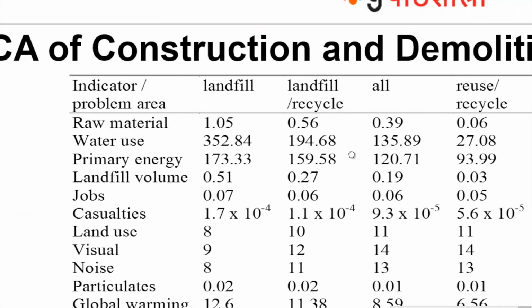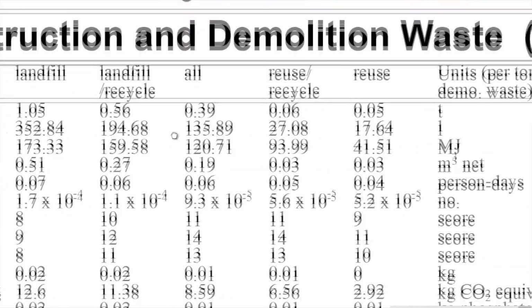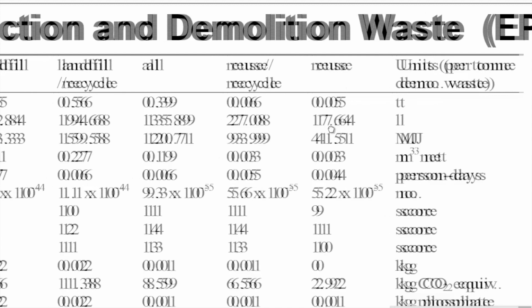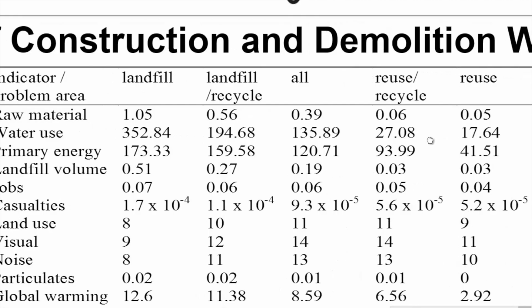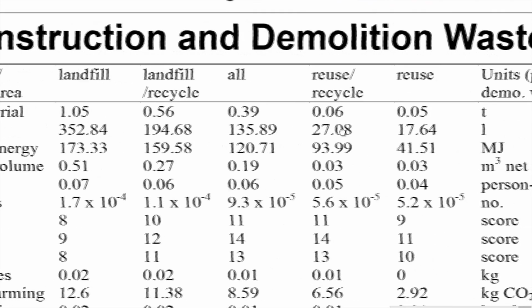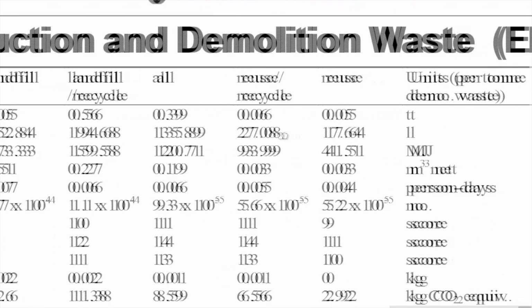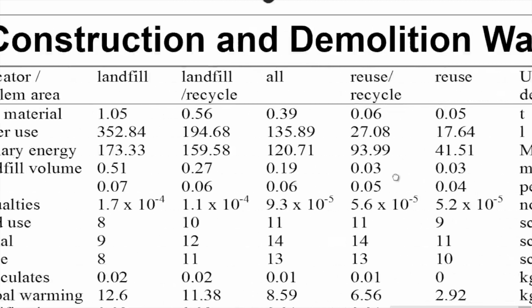the raw material produces 1.05, and during landfilling 0.56, and in terms of reuse of this material, it is only 0.05 tons, which is considerably less. And the water usage in liters is 352 liters, and in terms of reuse, a considerably greater value of 17.64 liters can be reused or recycled.